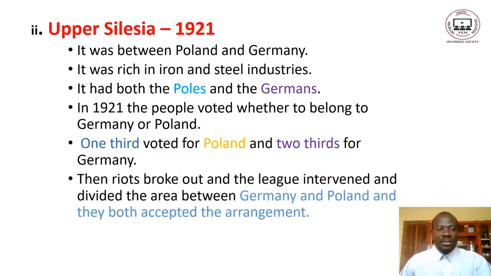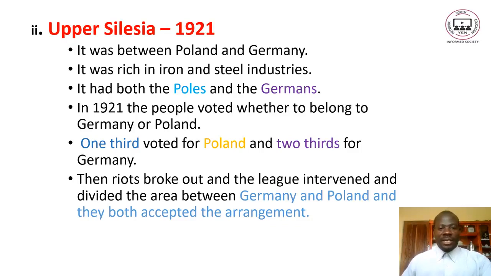The second one is Upper Silesia in 1921. This intervention happened between Poland and Germany. Upper Silesia was an area rich in iron as well as steel, so there were many steel and iron industries there.